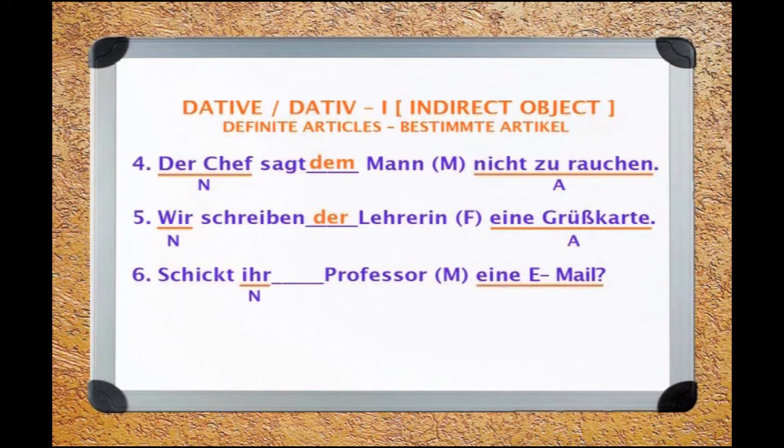What? That becomes the accusative, the direct object, and to whom it is sent, that person becomes a dative, the beneficiary, and here we have the noun, that is Professor, and we have the article der Professor because it belongs to the masculine gender, and you know that there becomes dem in dative.